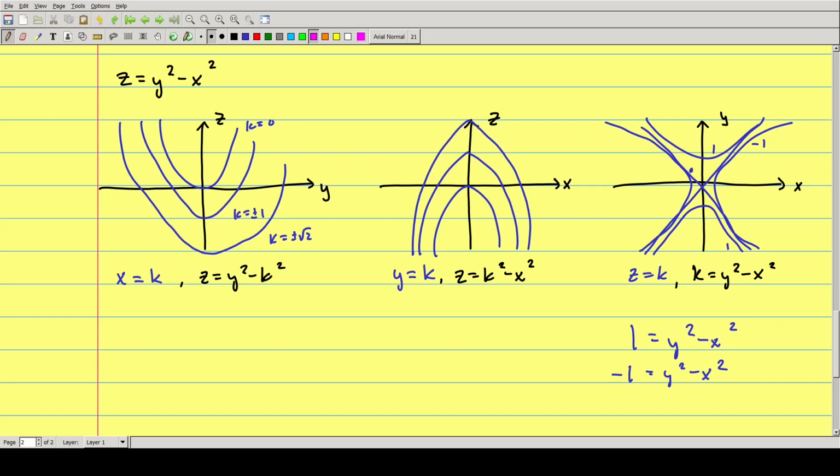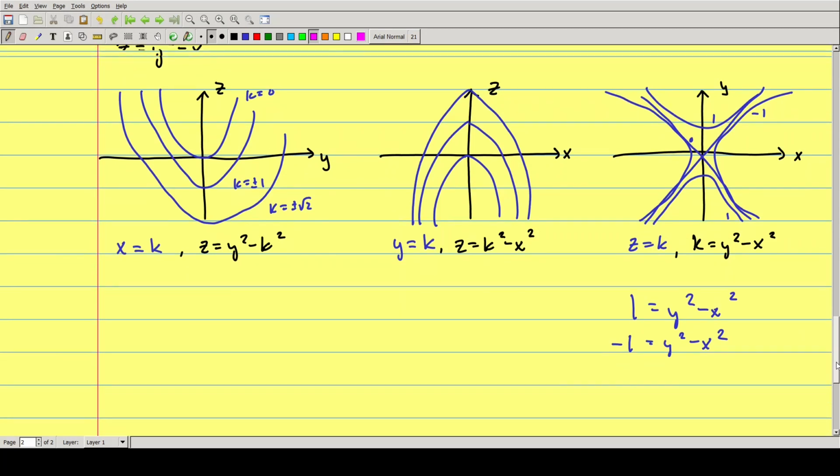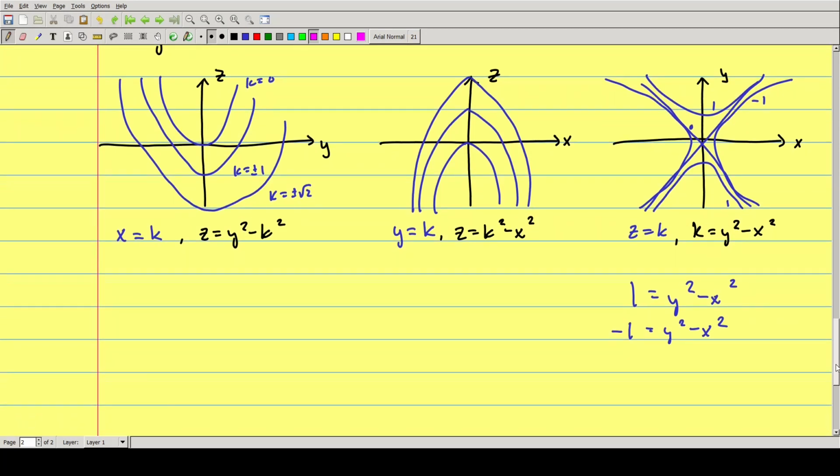Okay. So now we want to use this information to help us draw the picture. I'm going to do my best to help us see what these sketches would look like and how we would be able to combine them in a useful way.